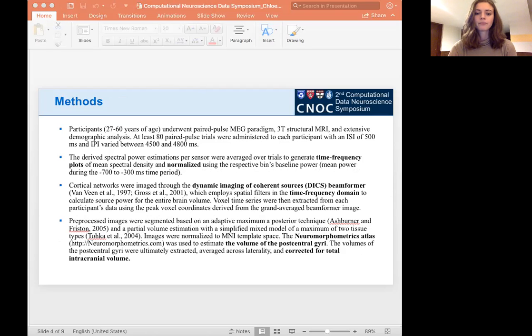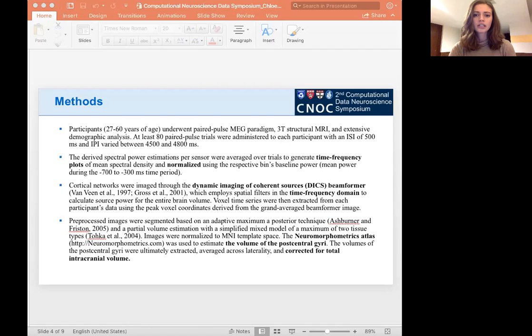For this study, we recruited 109 participants between the ages of 27 and 60 to undergo the paired pulse MEG paradigm, 3T structural MRI, and extensive demographics. At least 80 paired pulse trials were administered to each participant with an ISI of 500 milliseconds and an IPI which varied between 4,500 and 4,800 milliseconds.